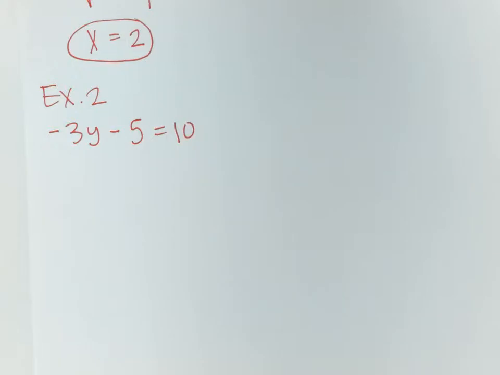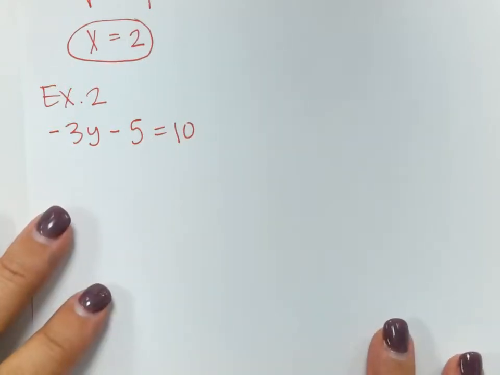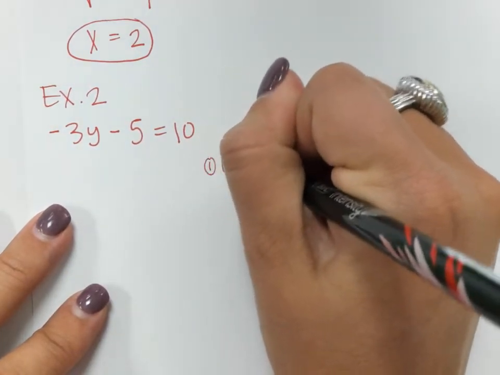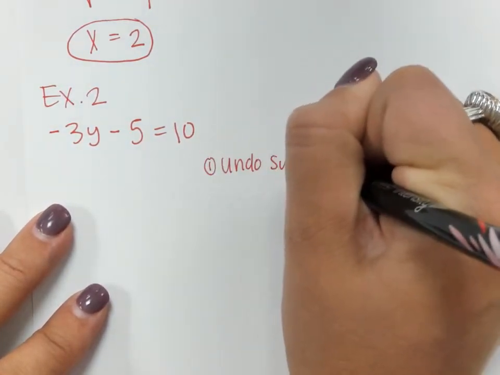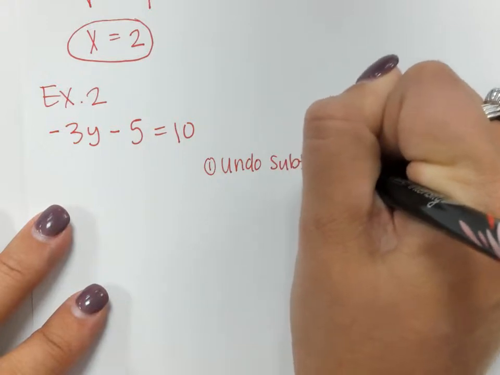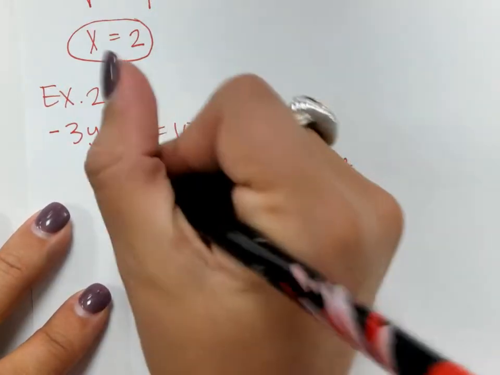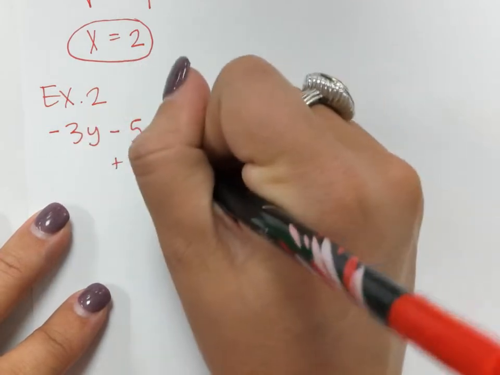Sierra. Undo the subtraction on this one, right? So if I'm undoing the subtraction, that means I have to do what? Add. That means I have to add 5 to both sides.